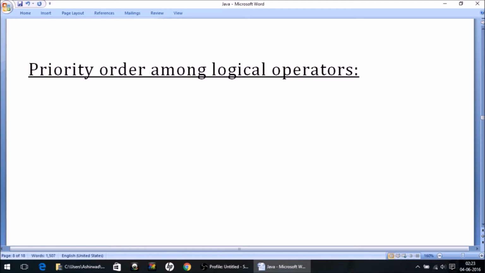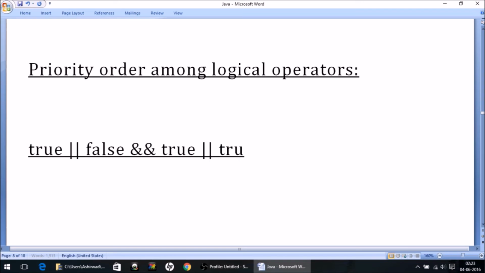For example, if I write true or false and true or true, not false, or not true. Okay, so this is what we have to solve.